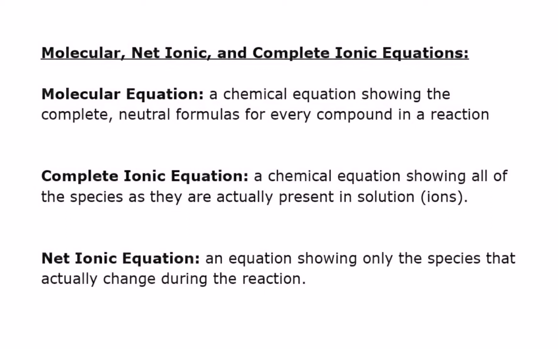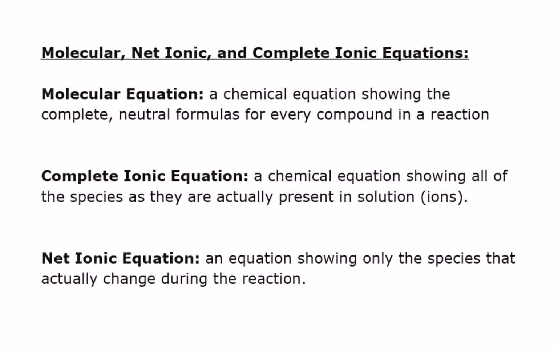If you move down, the next step is the complete ionic equation. The complete ionic equation is a chemical equation that shows all the species as they actually are present in solution, and then in parentheses it says ions. What does that mean?